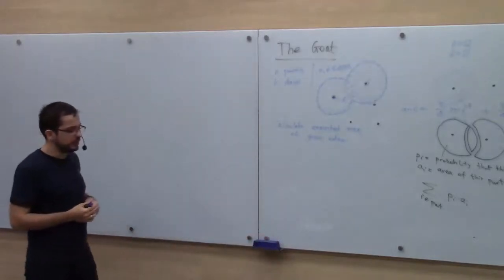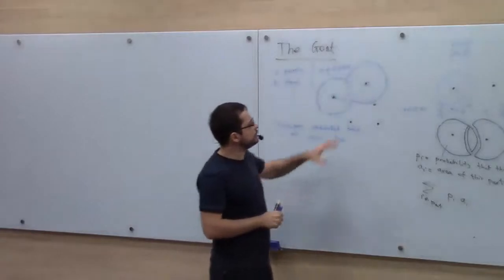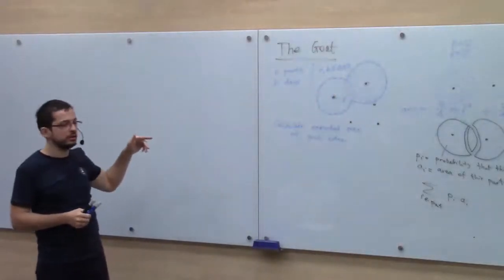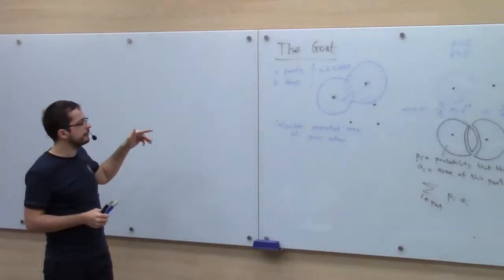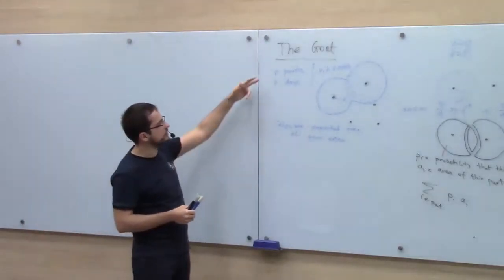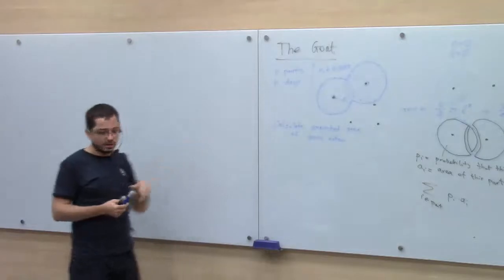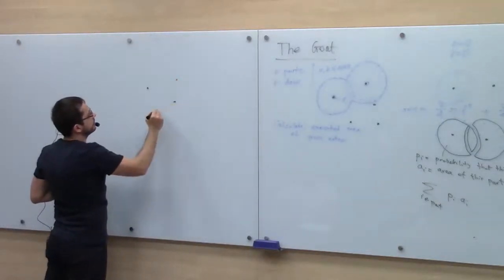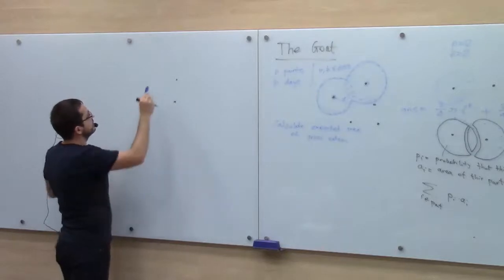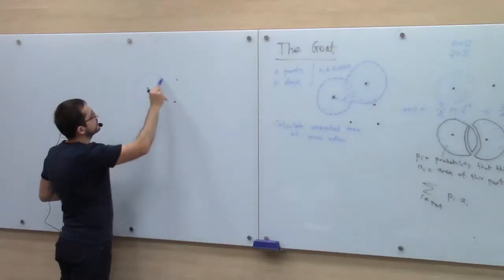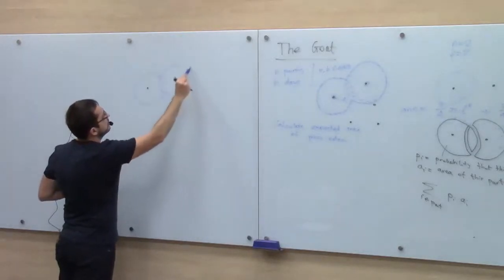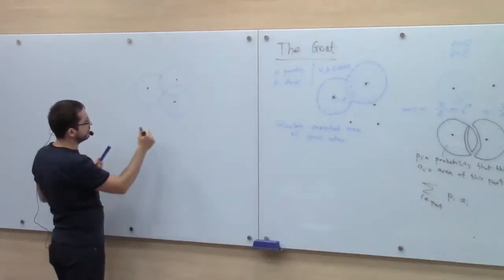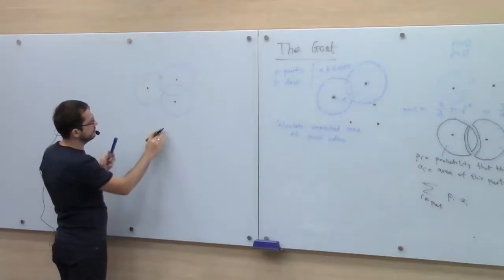So basically, we need to consider all of the possible circles, where the centers of the circles are these endpoints on the plane. So we have some points, and we have a circle around each point.